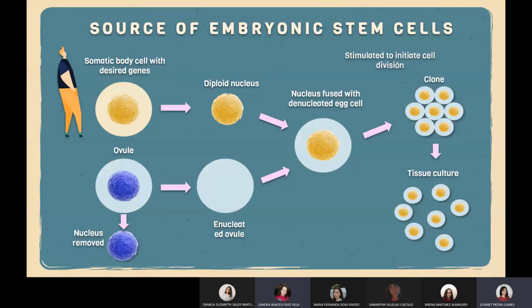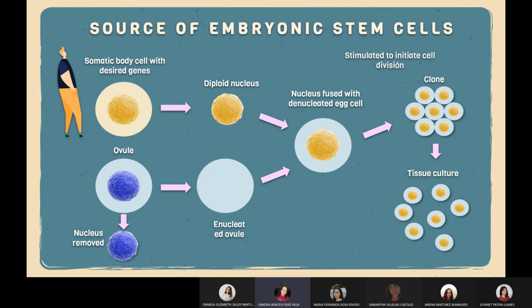I'm going to show you this diagram. Here you can see that first we have our somatic body cell with the desired genes, and we also have the ovule. Then we're going to get only the diploid nucleus of the somatic body cell, and on the other side we remove the nucleus of the ovule.